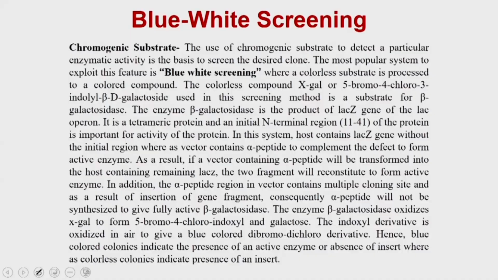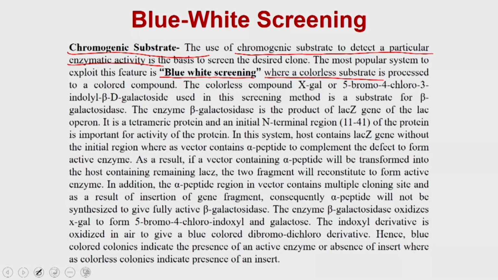The first approach is where you can use the chromogenic substrate of a typical enzyme. One of the classical screening methods, which we have discussed in the past also, is called blue white screening, where a chromogenic substrate is used to detect a particular enzyme activity.